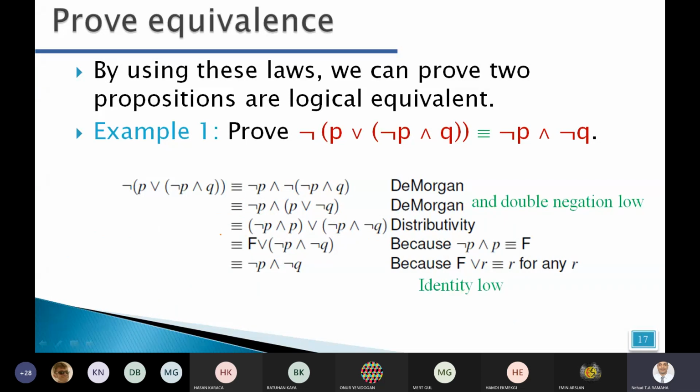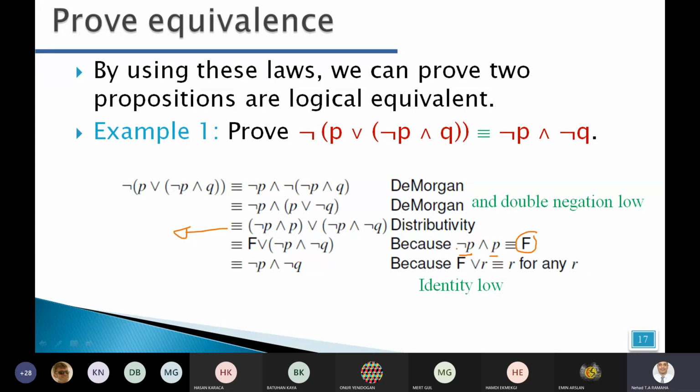In this side, we have this law, P and not P, always false.